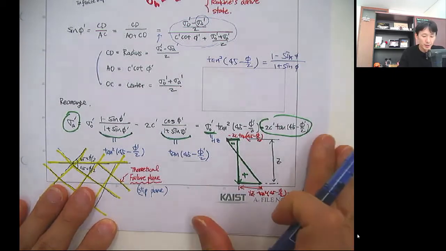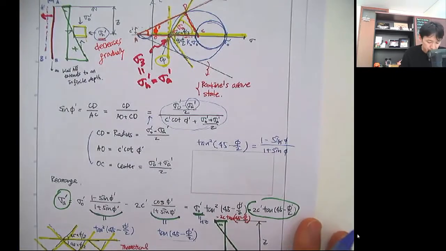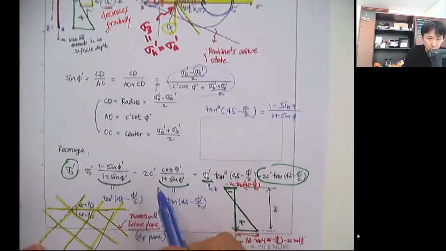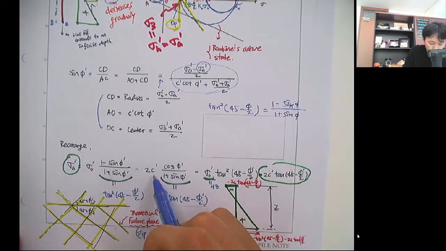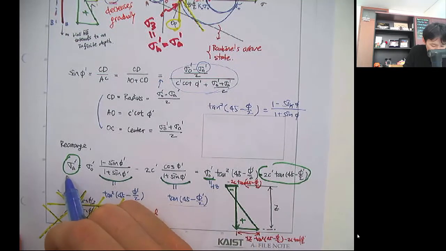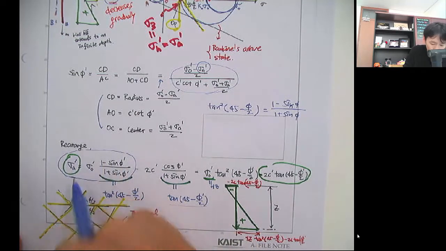Okay. And here, from this equation for the active pressure, if the c prime is 0, then you have only this term, right?